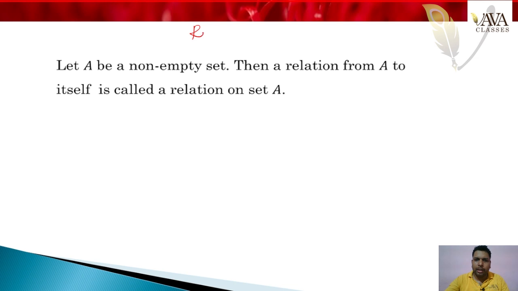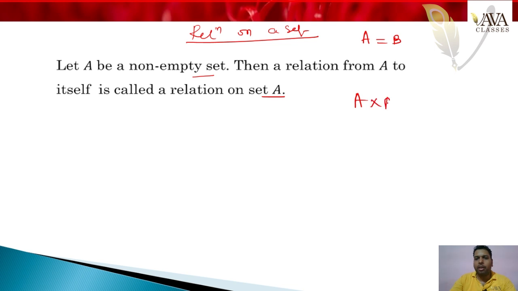In the previous case, we discussed relation defined from set A to B. If A is equal to B, where A is a non-empty set, then a relation from A to B is the same as a relation from A to A, and is called a relation on set A. That is, here A cross B is the same as A into A, and R is a subset of A into A. So any subset of A into A is a relation on A.